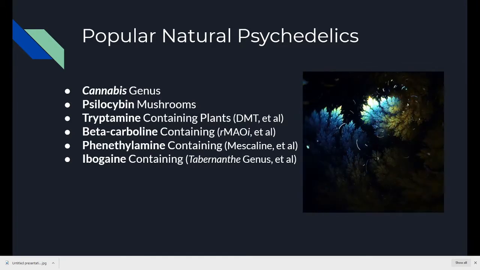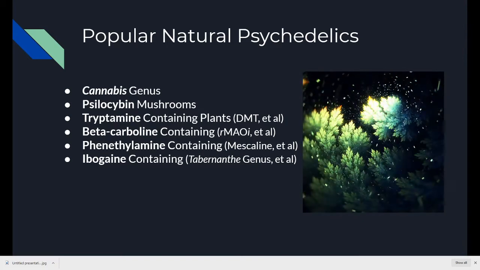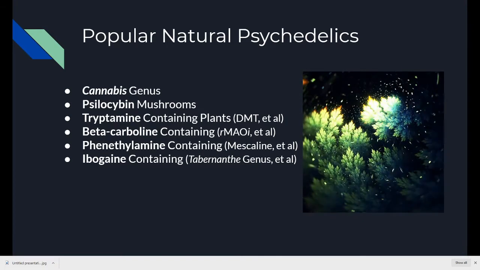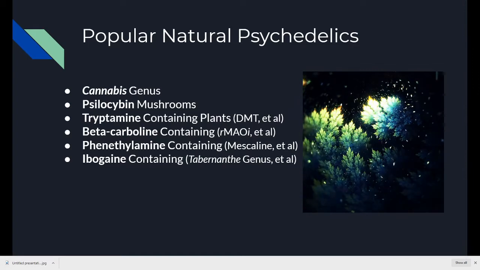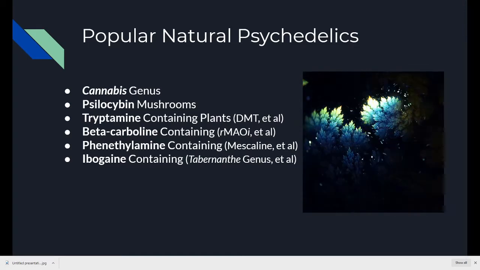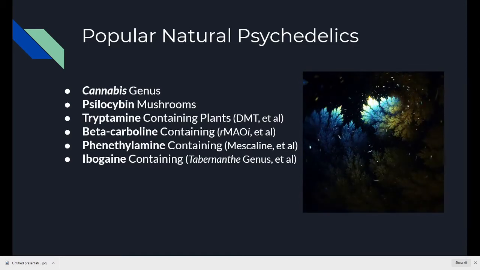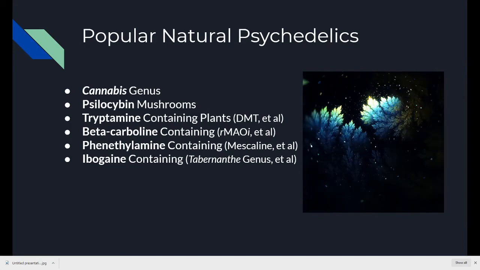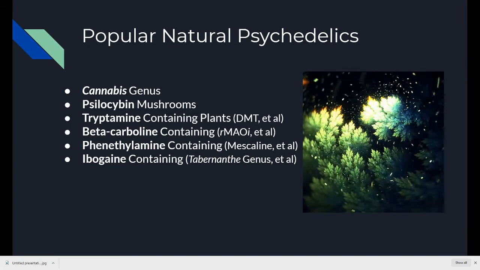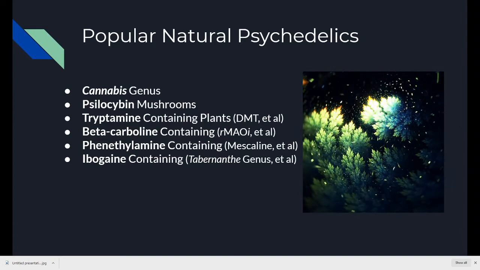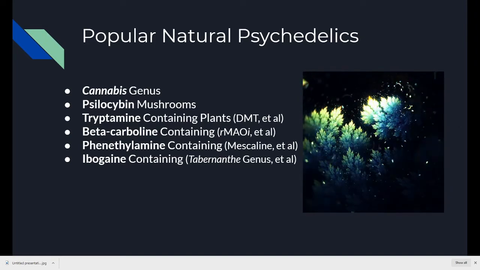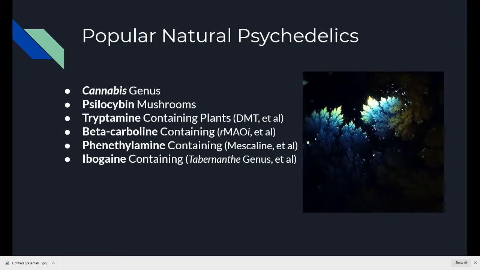Beta carboline containing compounds contain reversible MAOIs, meaning monoamine oxidase inhibitors. And we'll talk about why those are psychedelics and actually talk about some of the clinical applications that are using MAOIs for different kinds of therapies. And then we have the phenylethylamines.